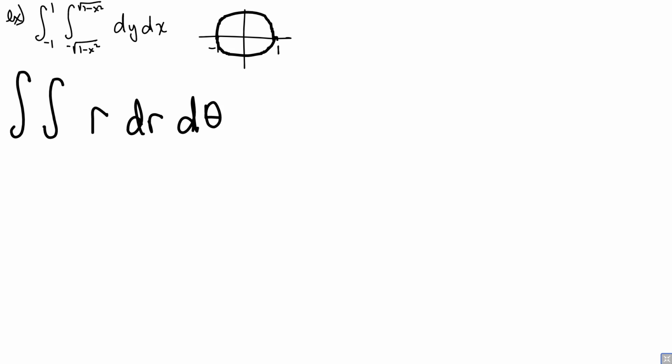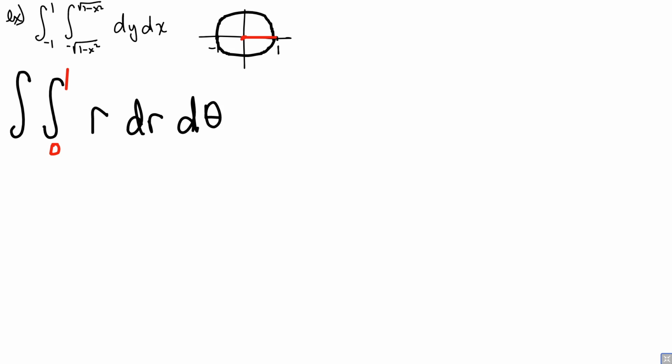So r, which is representing the radius. If I look at this, the radius is going to start off at the center of the circle and then go out. So in the case of this, r is going to start off at 0 and it's going to go to 1.